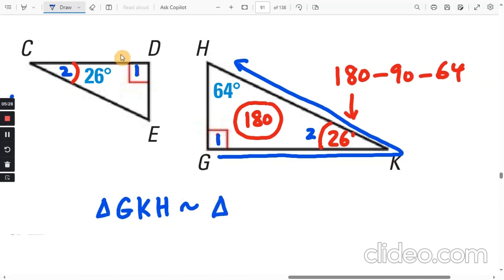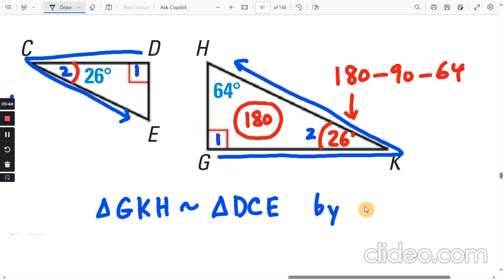We went 1, 2. So here we're going to go 1, 2, 3. So that's D, C, E. Triangle D, C, E. And these are similar by AA. All right, because we proved 2 angles from one match 2 angles from another one.